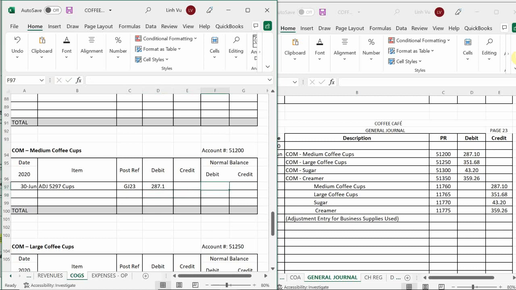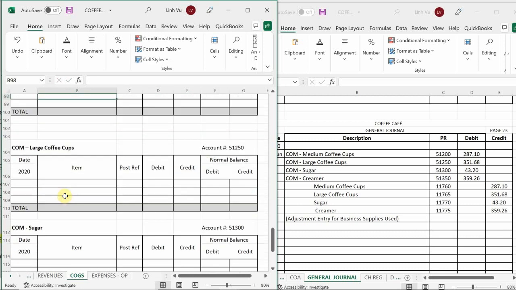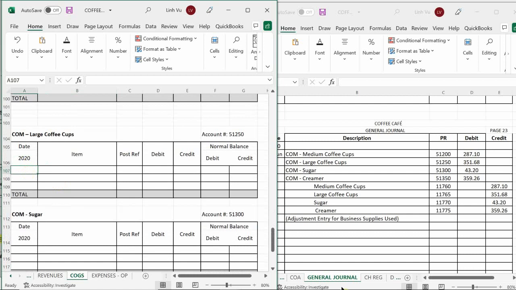$287.10. Okay. All right, so let's go ahead and adjust our large cups here. So this is going to be an adjustment entry, right? We sold 4,331 cups of the large cups.